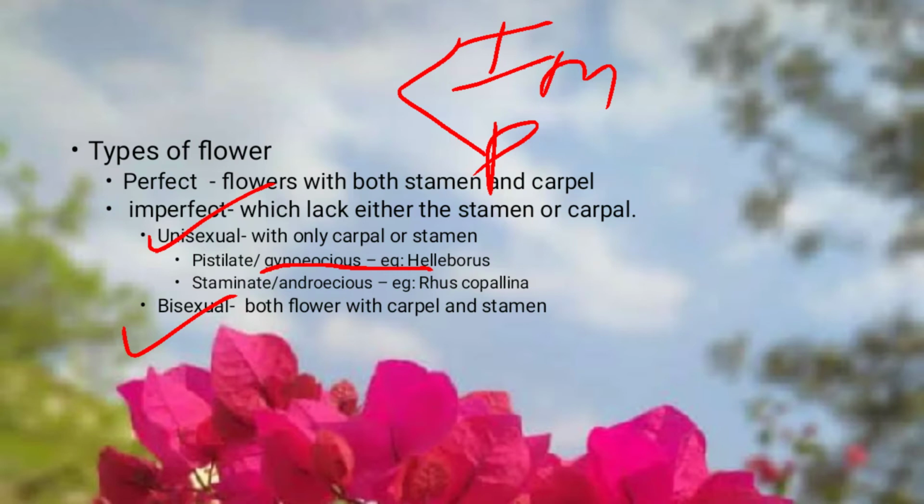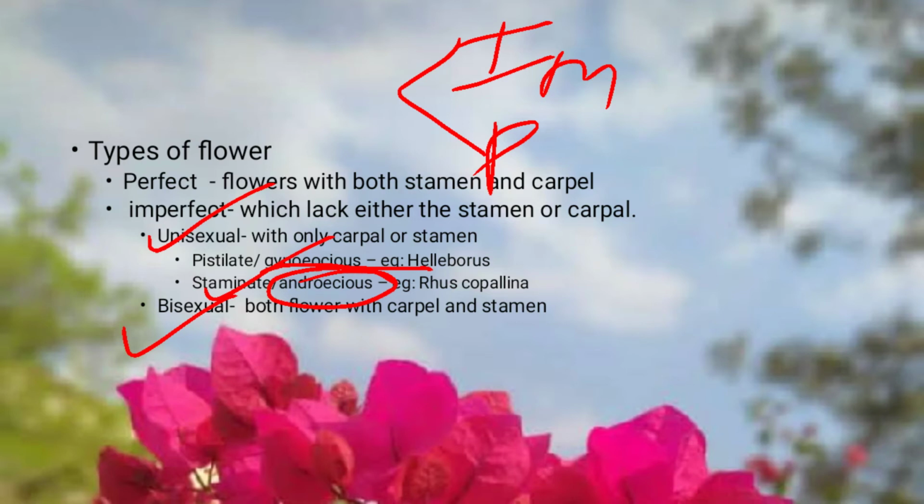If a flower lacks the female reproductive organ and has only the male reproductive organ, that is the androecium, then it is called an androecious flower, or a staminate flower. Example, Rhus cupellina.